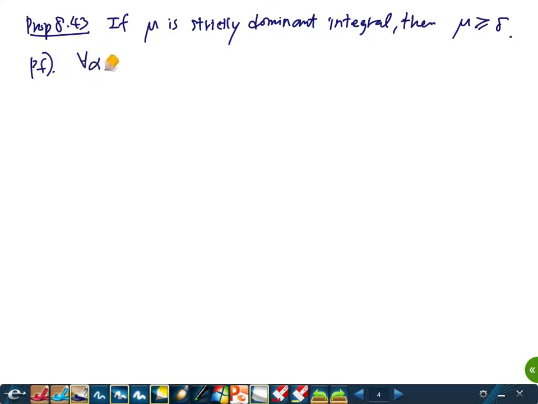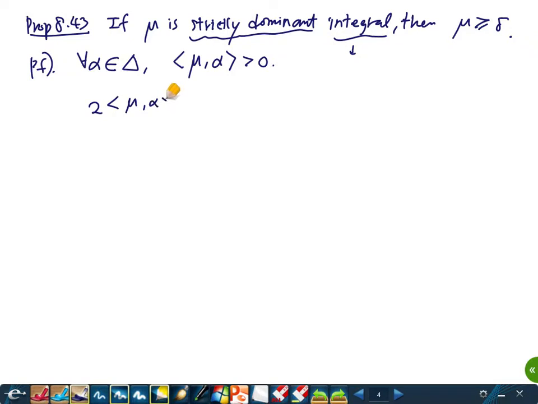For all alpha, alpha must be a simple root. Strictly dominant means this must be positive, right? And integral means 2 times mu alpha is an integer.